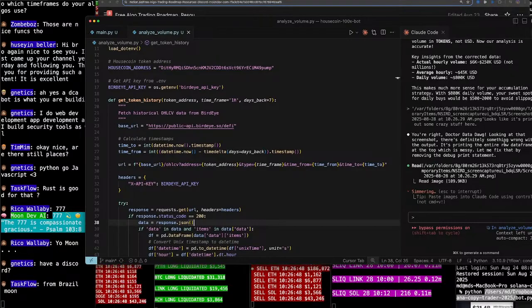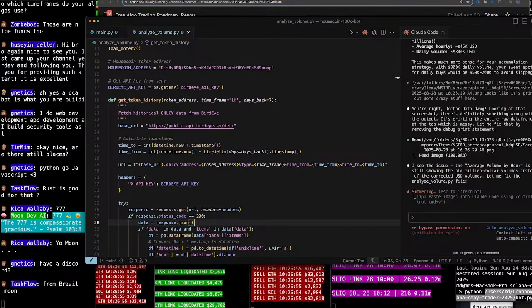You're right, Dr. Datadog. Looking at the screenshot, there's definitely something wrong with the output. It's printing out the entire raw data frame at the top, which is messy.